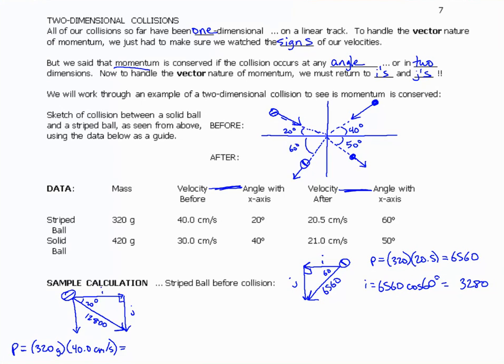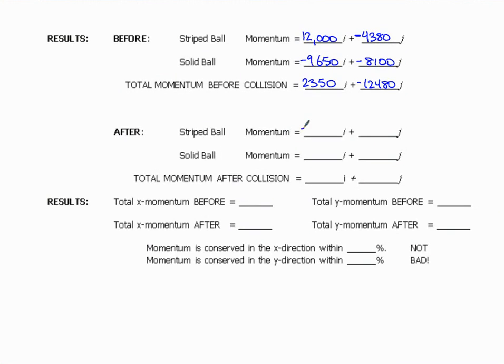And now let's figure out positive or negative. We're moving right to left in our picture, and that's been negative so far. And the vertical, we're going to use the sine, and we end up with 5,650. It's moving on our page top to bottom, which has been negative. And let's go ahead and fill in our numbers here with the striped ball after.